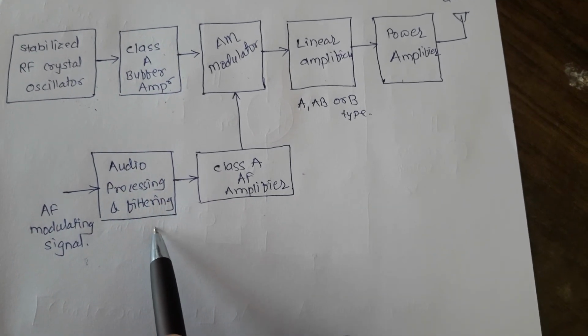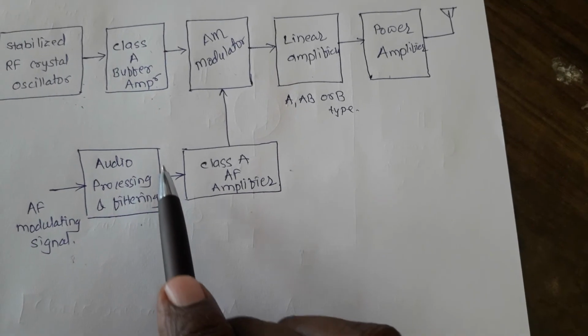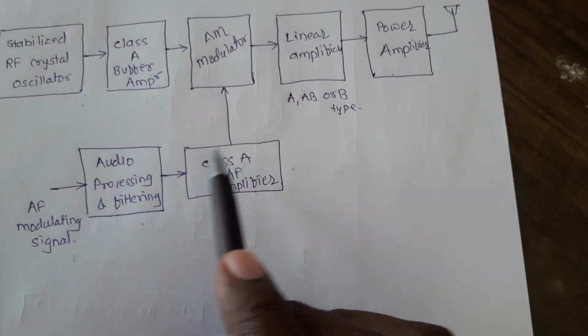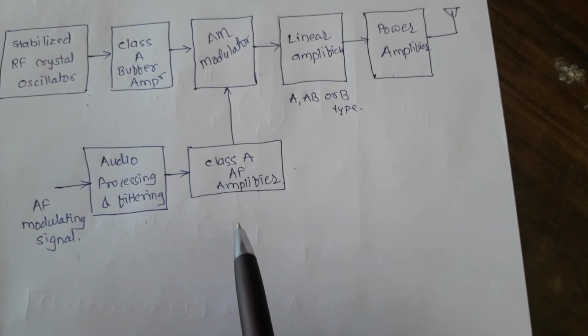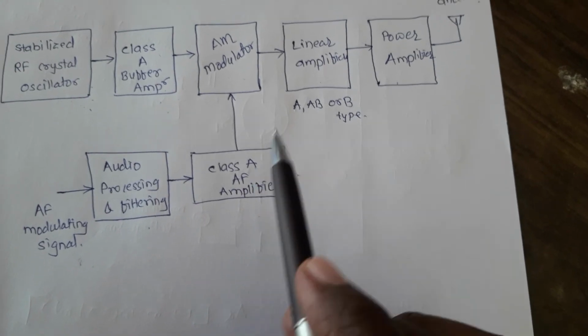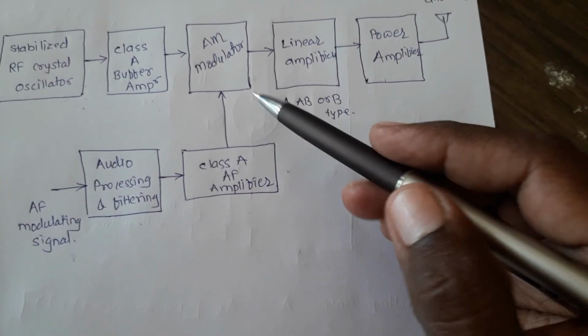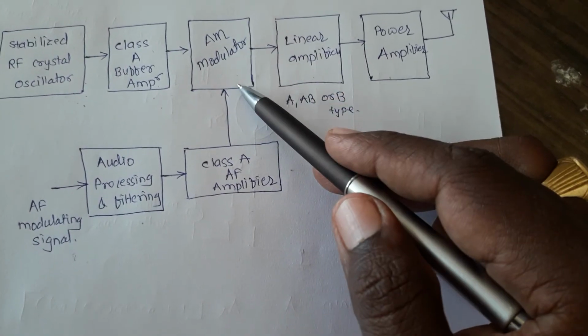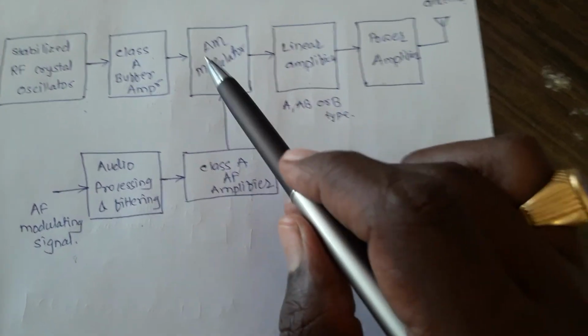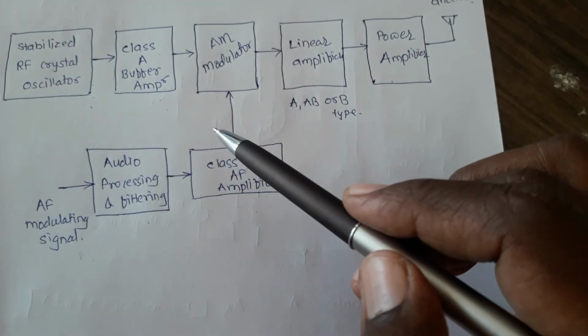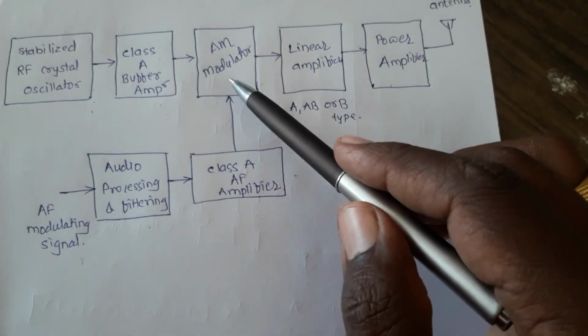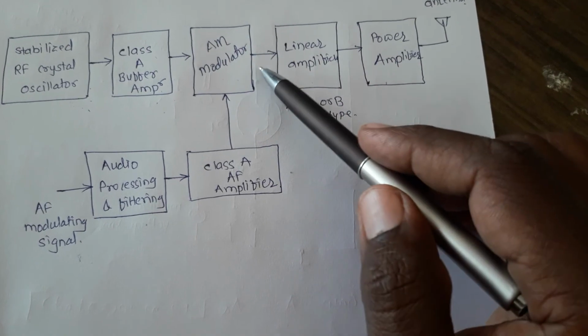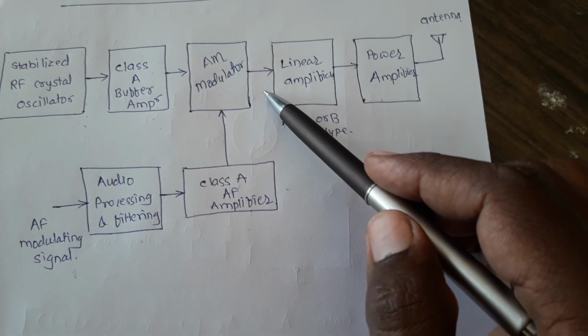Then the signal is given to the class A AF amplifier, the audio frequency amplifier, where the necessary voltage level amplification is done, and then it is given to the AM modulator. In the AM modulator, the modulating signal is modulated on the carrier, and the output of the AM modulator is the amplitude modulated waveform.